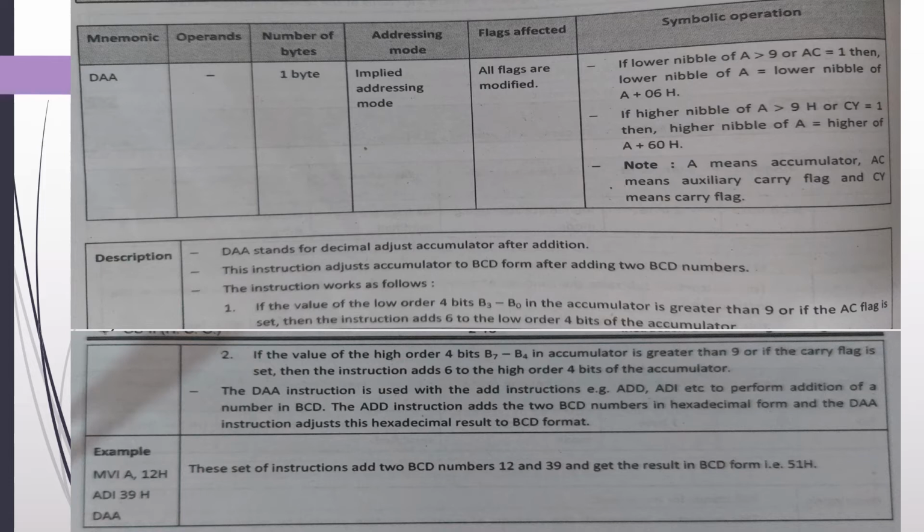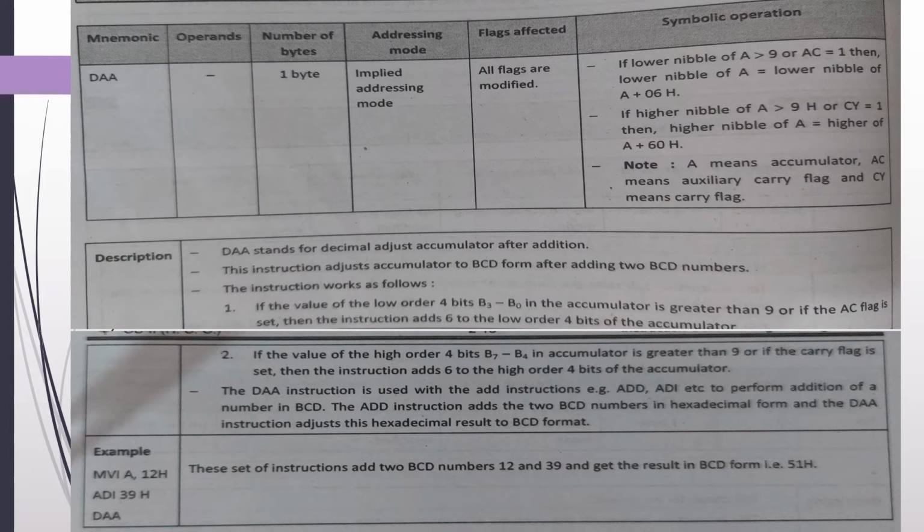Here the result is always stored in the accumulator. As I told, this instruction has to follow an addition instruction. It is a single byte instruction and there is no operand mentioned, so the addressing mode is implied addressing mode, and all flags may be modified.